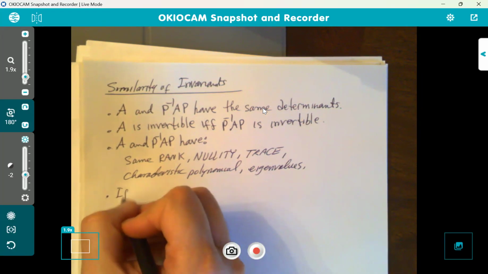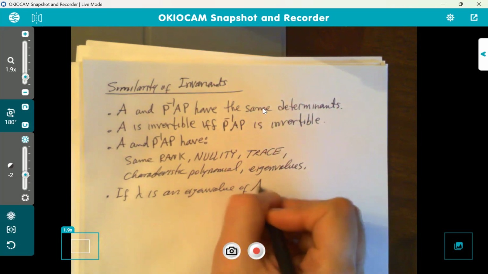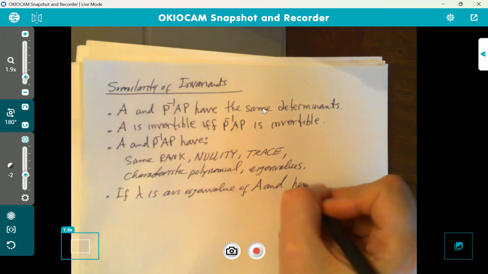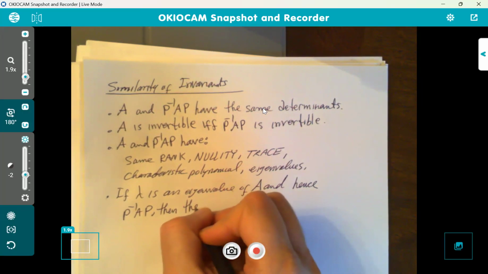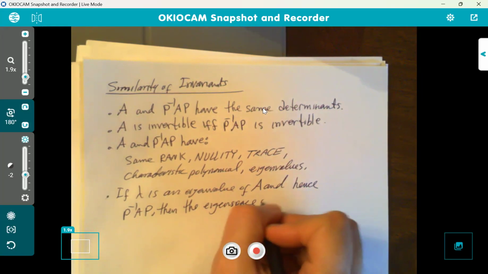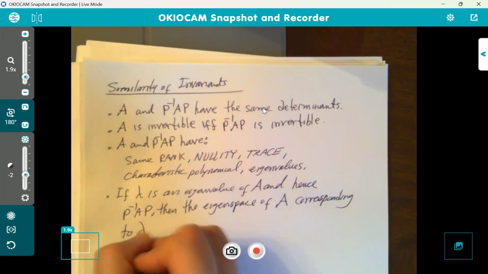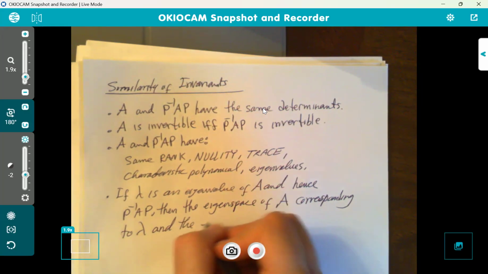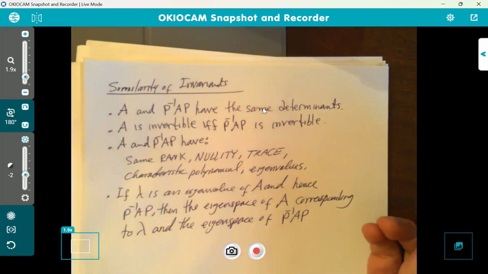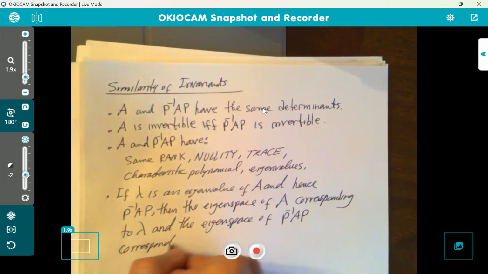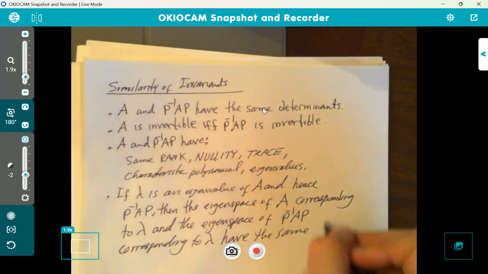And here's the next one. If lambda is an eigenvalue of A, and hence of the diagonalized version of it, then the eigenspace of A corresponding to lambda and the eigenspace of the similar matrix, the diagonalized matrix, corresponding to lambda have the same dimension.